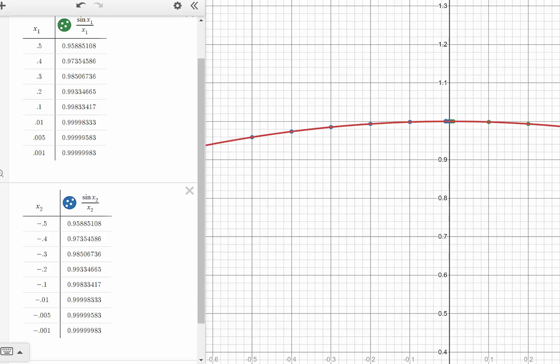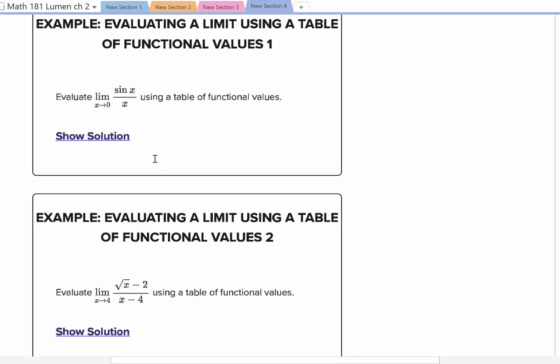So, given that, we can say that the limit of sine of x over x as x approaches 0 is going to be 1. Even though if I plugged it in, I had 0 over 0. 0 over 0 doesn't mean it's going to be 1. That's an undefined quantity. It's indeterminate, and we can't just make these assumptions. Sometimes that might be 0, and sometimes that might be infinity, so just be aware.